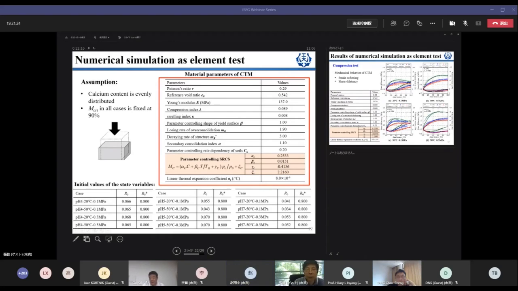However, for the capital M, we have to divide it into 4. All these 4 parameters can be determined easily with definite materials. So in this case, all these parameters are independent of the state parameters, different conditions.